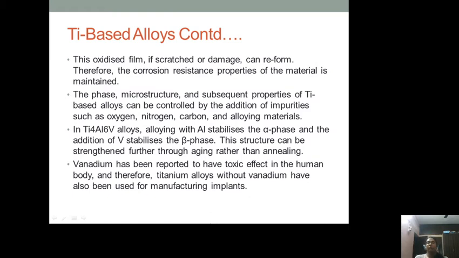However, vanadium has been proven to be toxic to the human body. If for some reason vanadium starts to leach out of your titanium alloy, then that can cause cytotoxicity. That is, it can be toxic to the cells around it, and it causes harm to the body. Therefore, people have come up with titanium alloys that are without vanadium.